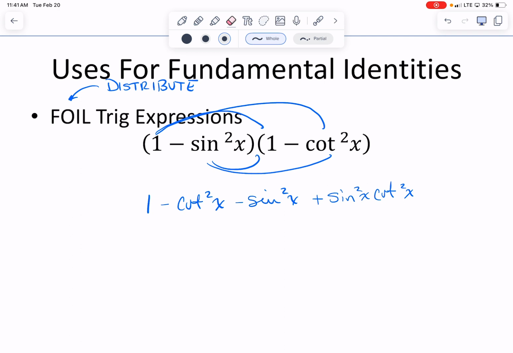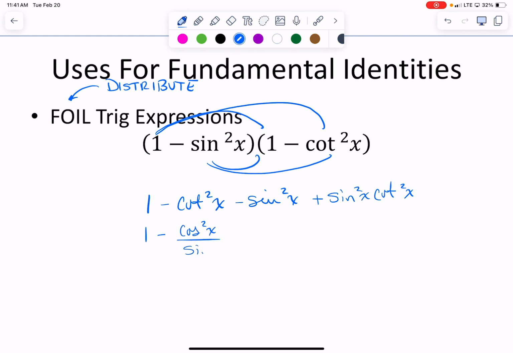Okay, so could we possibly turn everything to sines and cosines? Yeah, let's try that. So cotangent squared is cosine squared over sine squared. So I have 1 minus cosine squared over sine squared, minus sine squared plus sine squared times cosine squared over sine squared. Oh, I forgot my x's.